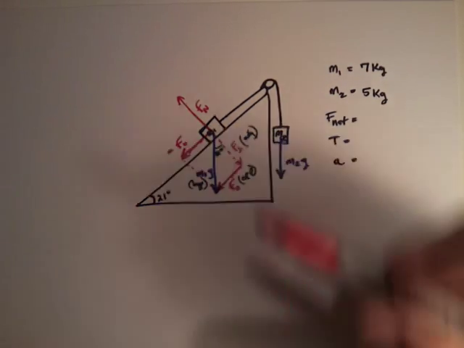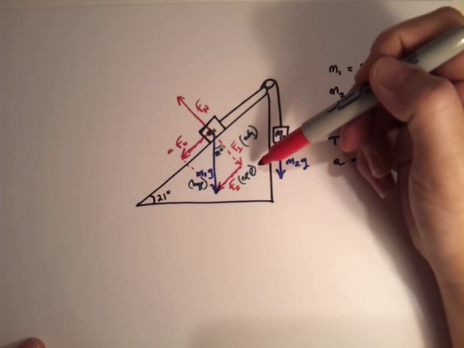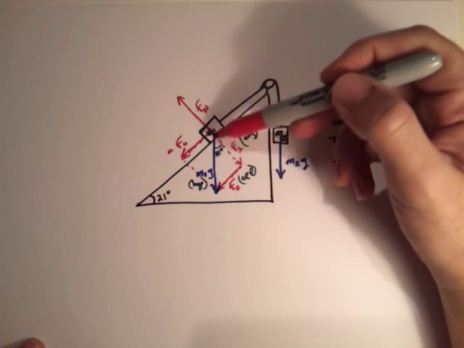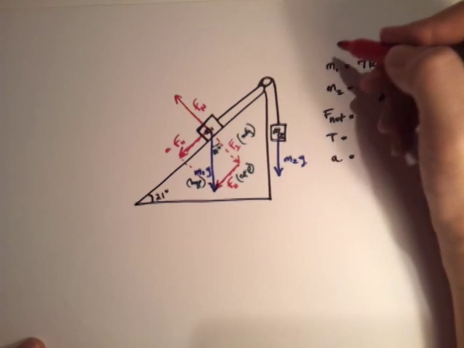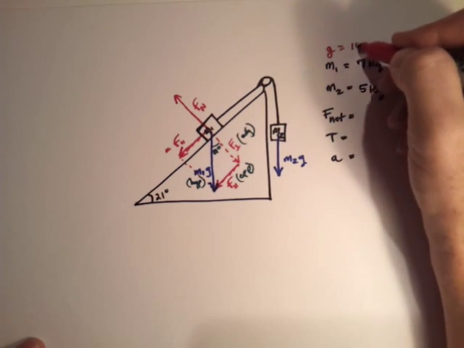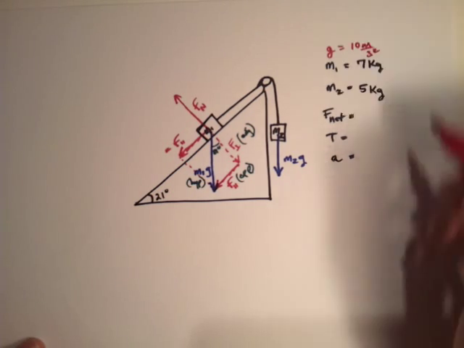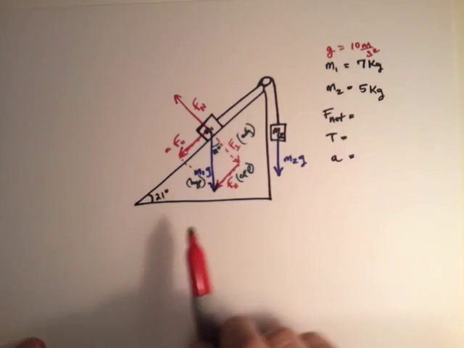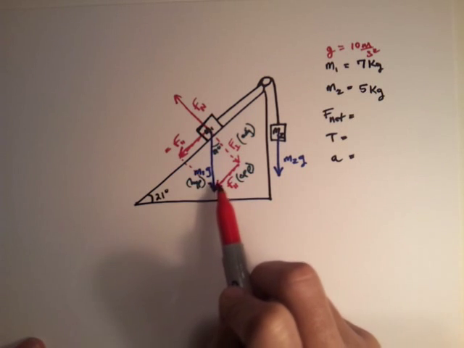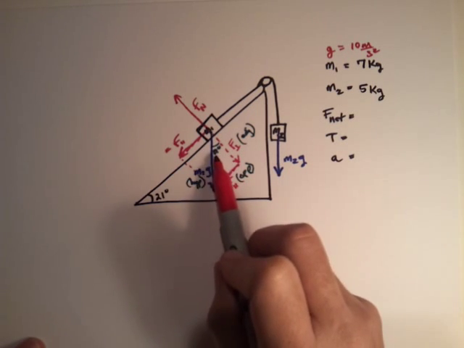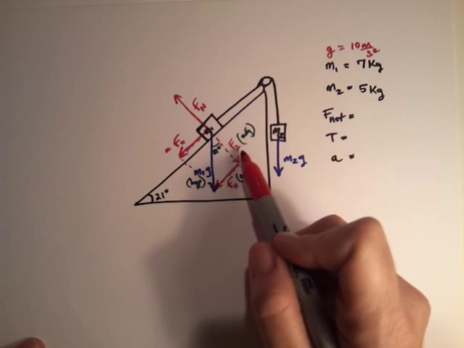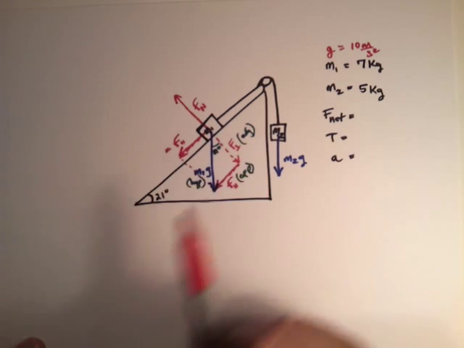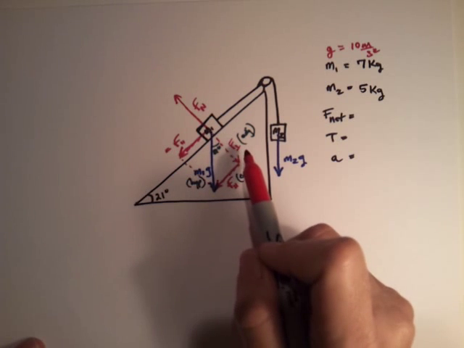So if this is the opposite angle, this is my weight force, which is the hypotenuse, and I can calculate that, right? 7 times 10, remember we're going to use G as 10. So 7 times 10 is 70. So I know this number, I'm looking for this number, and I have the angle. So I'm not going to use my perpendicular force here. It doesn't really matter because it's going to balance out anyway with the normal force, so I don't need to calculate it.